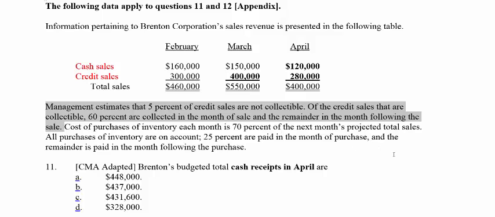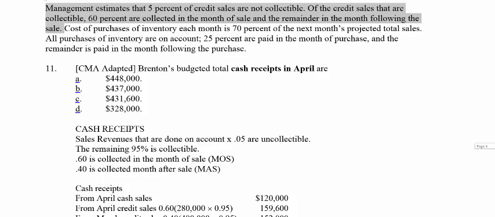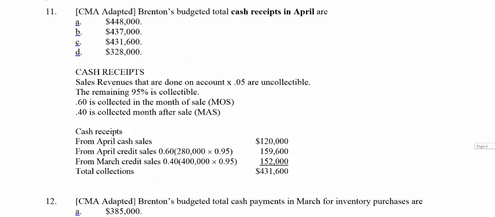Of the credit sales that are collectible, 60% are collected in the month of sale, and the remainder in the month following the sale. So we've got 0.6 at month of sale and the remaining 0.4 at the month after sale. Remember I mentioned earlier getting yourself some ways to write things out. Let's scroll down where you can look at just this information.